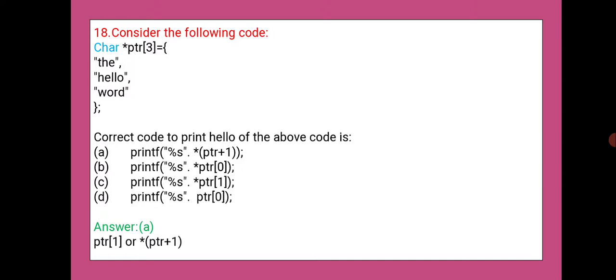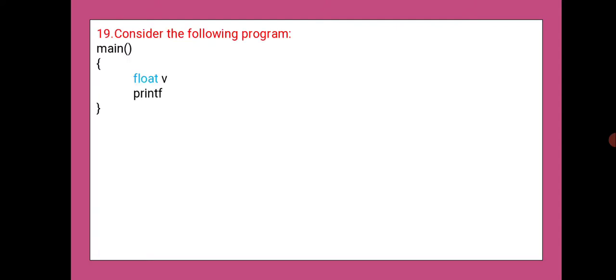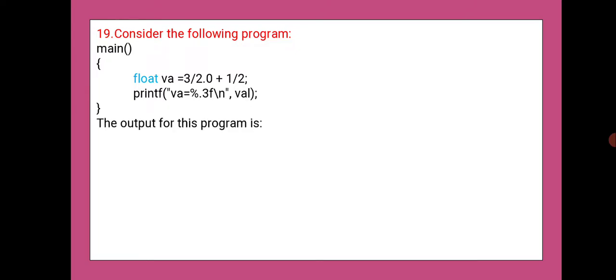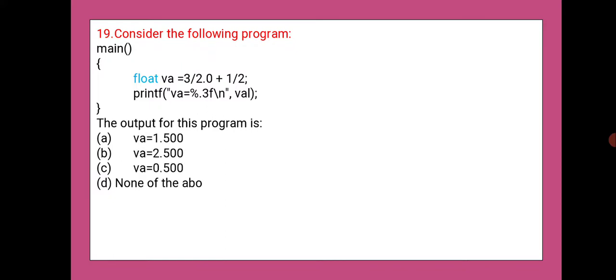Let's consider another program. Consider the following program. float va equal to 3 slash 2.0 plus 1 slash 2; printf %.3f slash n value. So the output of this program would be: va equal to 1.500, or va equal to 2.500, va equal to 0.500, or none of the above.